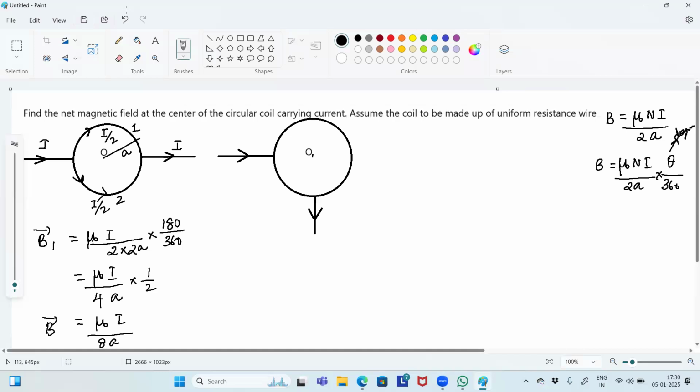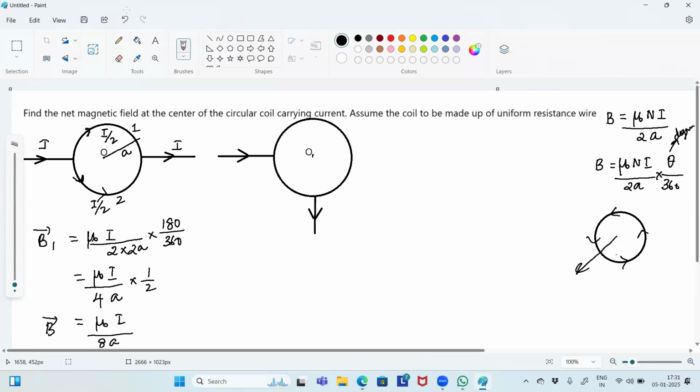Magnetic field, electric field, etc. are vector quantities. So you must always find the magnitude along with the direction. The rule for finding the magnetic field: if the current is anti-clockwise, the magnetic field is out of the paper.